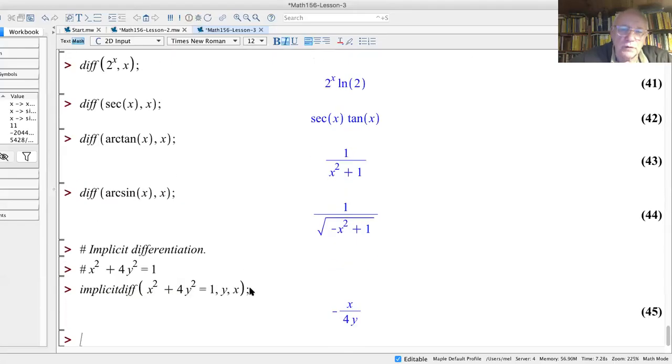Yeah, now it works. So the command for implicit differentiation is implicit diff. So here we have a curve, and I want to find the derivative of y with respect to x. Let me just change this a little bit for whatever reason. I'll make this a 20. It's more interesting.